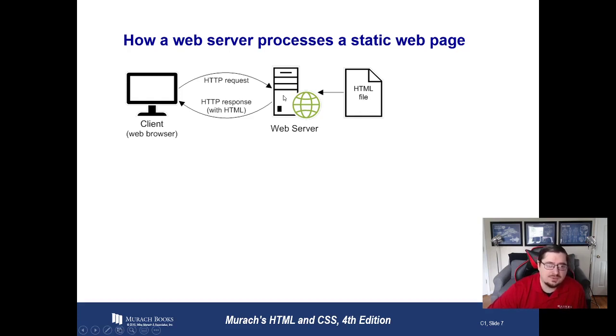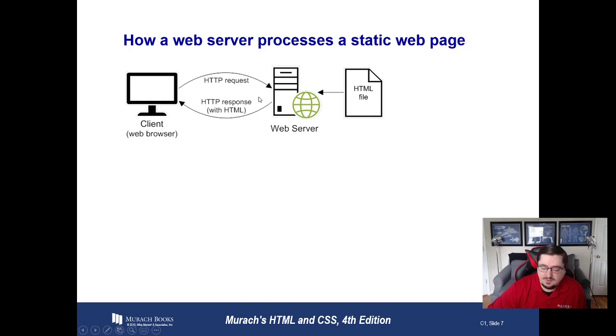So the web server will take the request that comes in from your browser. So you're using Chrome or Firefox or Safari. We'll take that request, we'll come in here and say, okay, I've got the request. Well, you want the home page. All right, so let me get the home page and I'll send that file back to you.